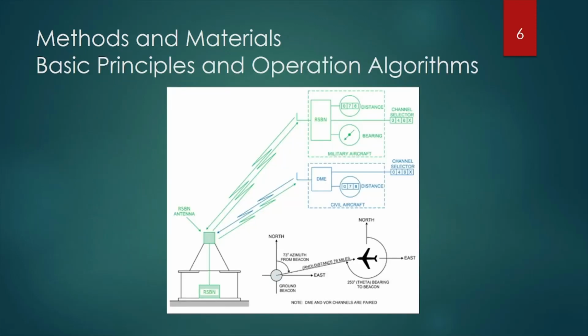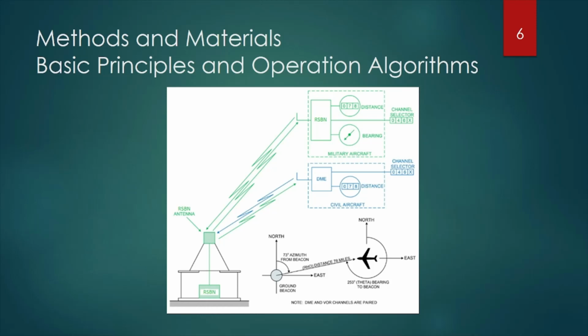The researched short-range navigation system has two channels: range-finding and azimuth. The ranging channel of the RSBN system consists of an interrogator installed on board the aircraft and a beacon transmitting responses.